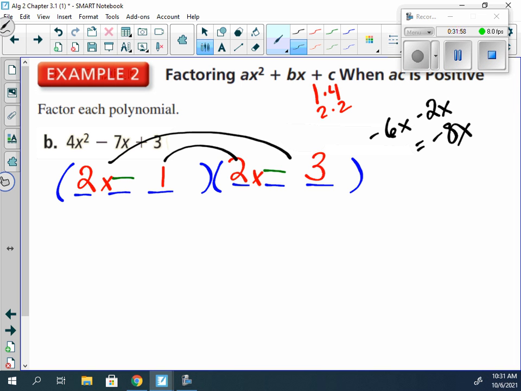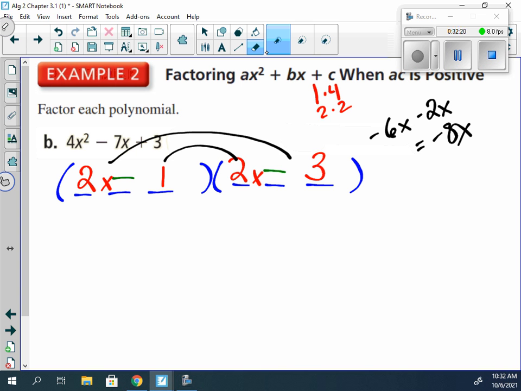Okay. So we can switch the 2 and 2. Well, that wouldn't change anything, would it? Could I switch the 1 and 3? Would it change anything? No, because it'd still be negative 1 times 2x and negative 3 times 2x. So neither one of those fixed anything.